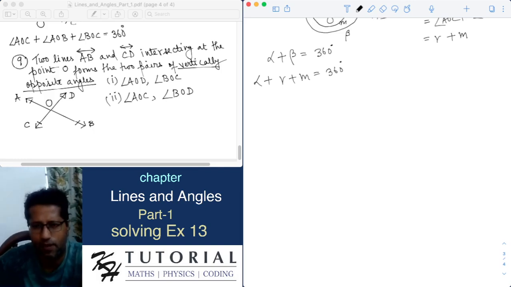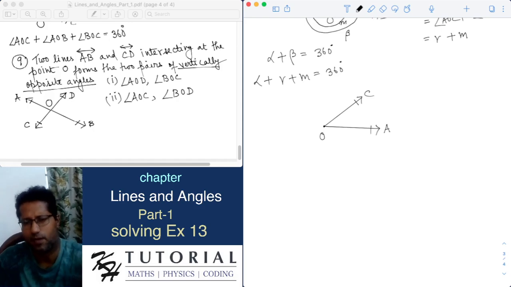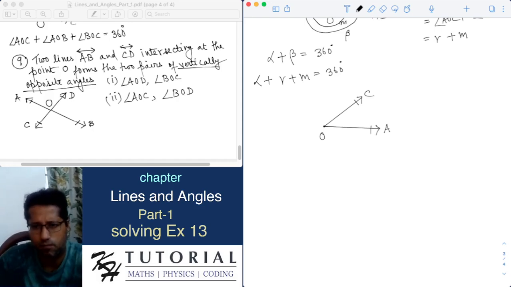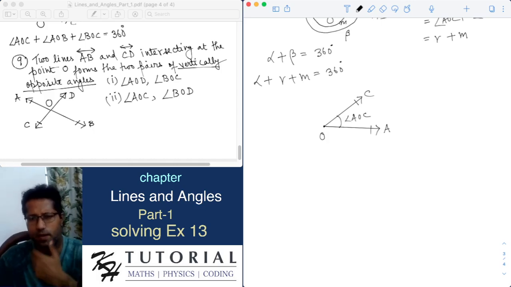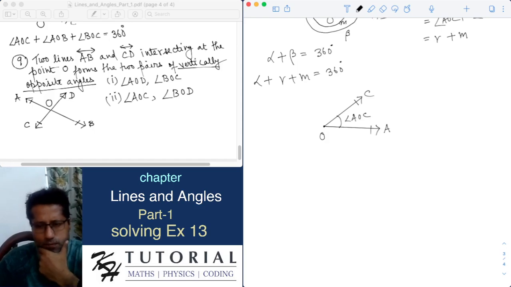So let's say I have a point O and two arms having the common end point O. Let's say I have this angle AOC. So AOC is the angle formed by the arms OA and OC at the point O.